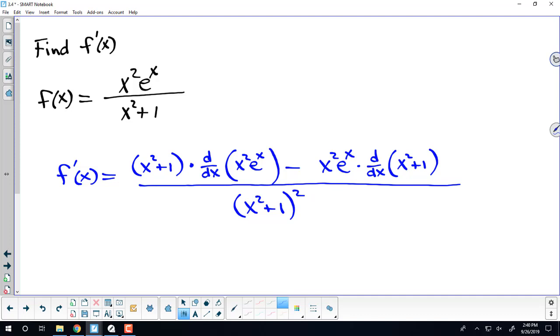So we applied the quotient rule because the function was a quotient. If any other derivatives show up in that rule, then that's fine.